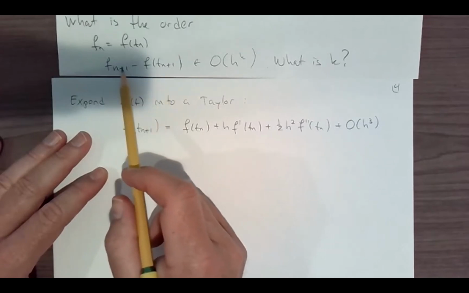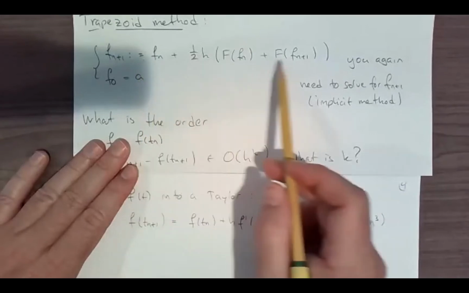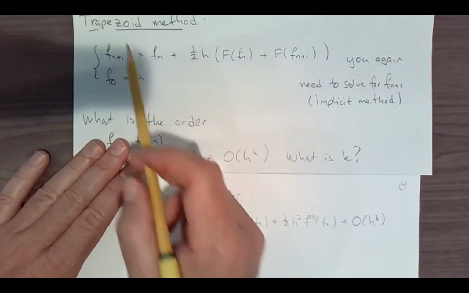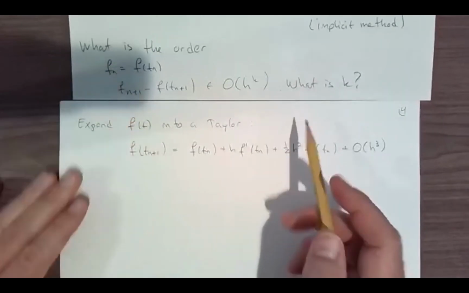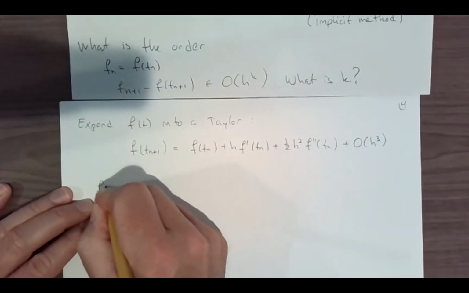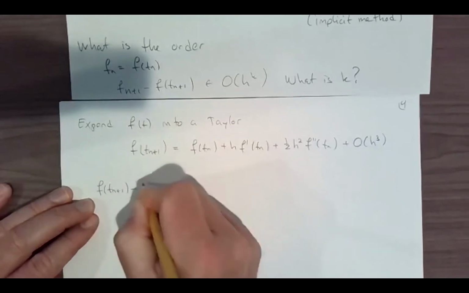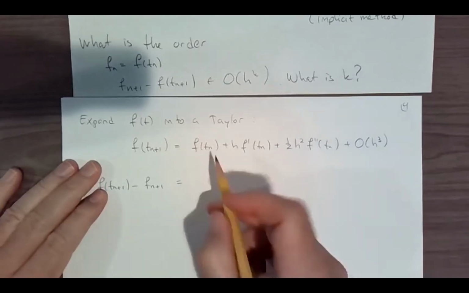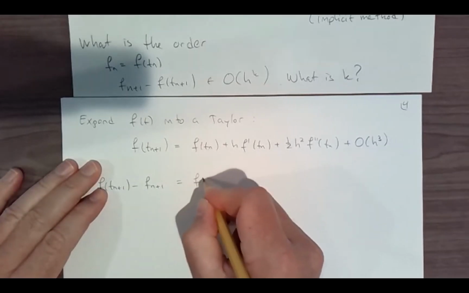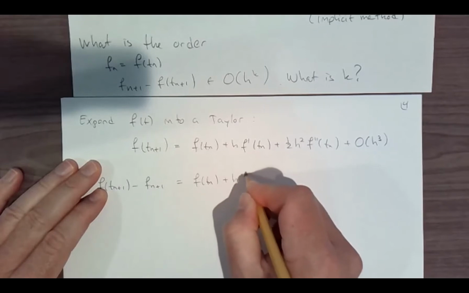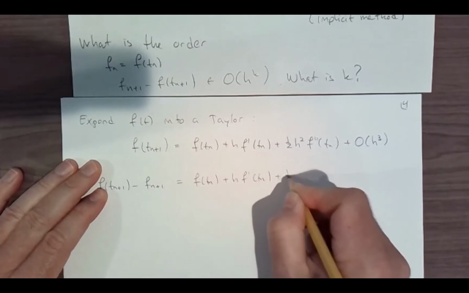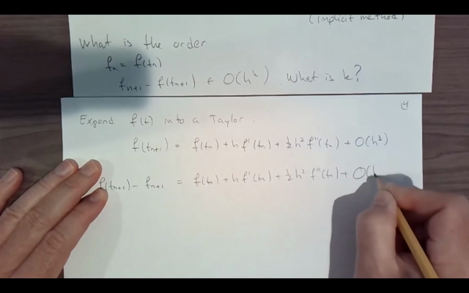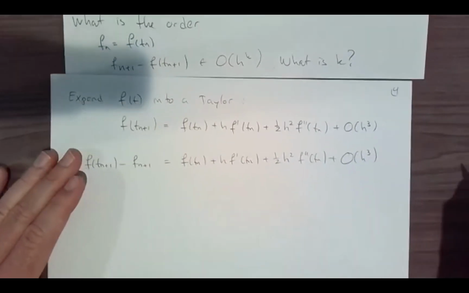And then this one here, the Fn plus 1, this is the one I will get from the formula in the trapezoid method. So what will I do? I'll take f of tn plus 1 minus Fn plus 1. I'll write out what it is. F of tn plus h f prime of tn plus 1/2 h squared f double prime of tn plus the error big O of h to the power 3.